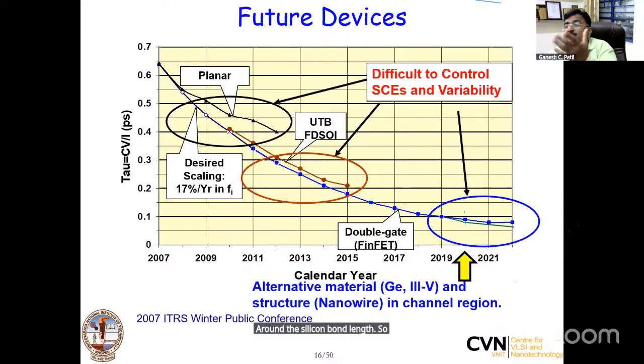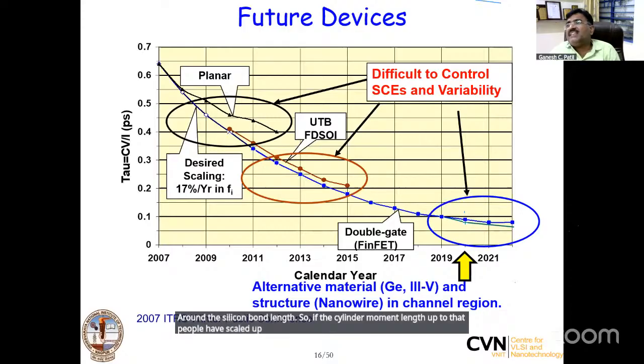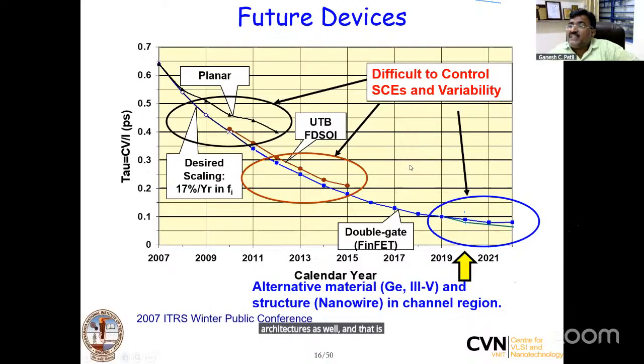If we have scaled down up to the silicon bond length, definitely silicon will die. And when silicon dies, we will have to come up with new alternate device materials. Not only device materials, we will have to come up with new device architectures as well. And that is why people started developing new devices.